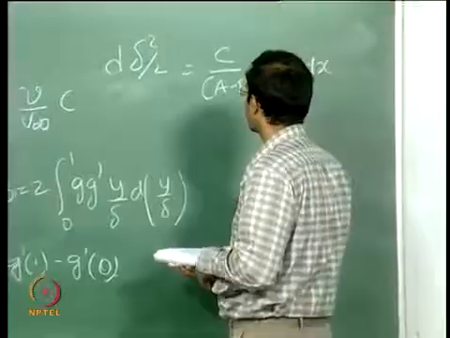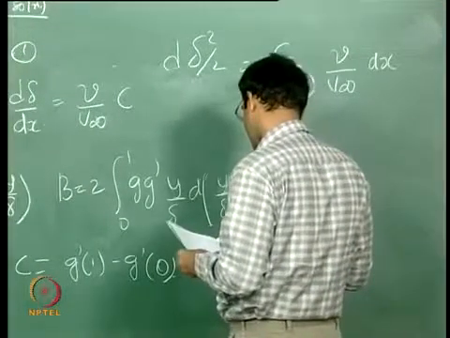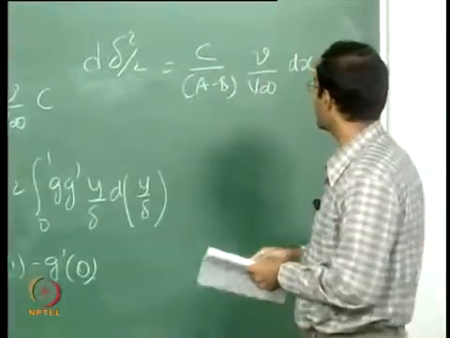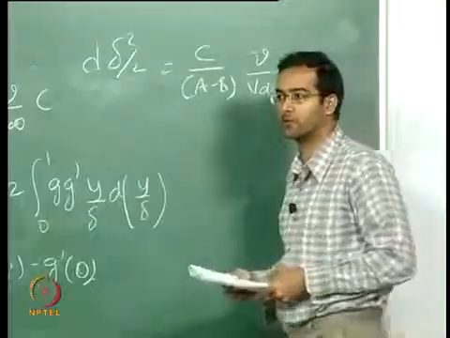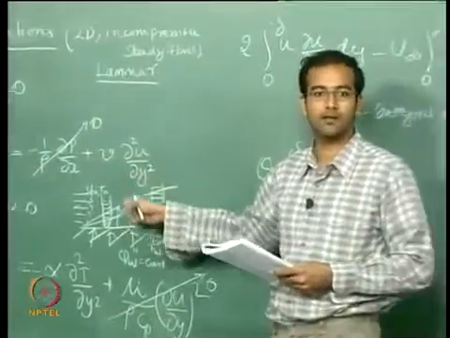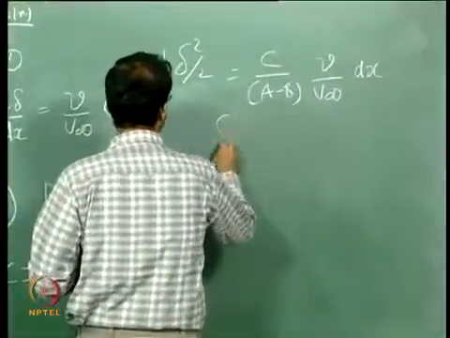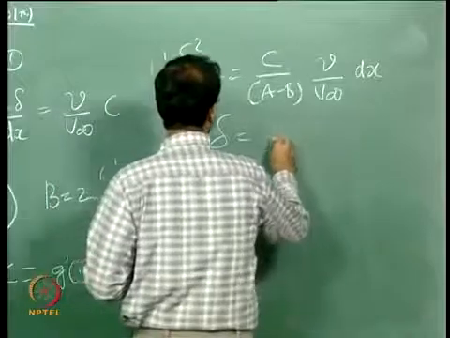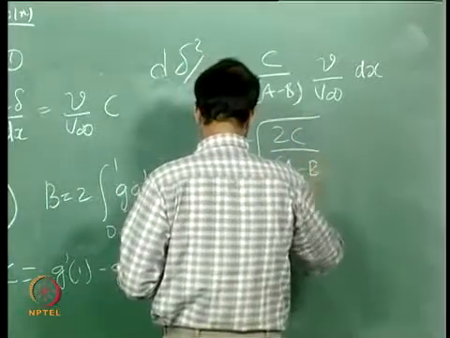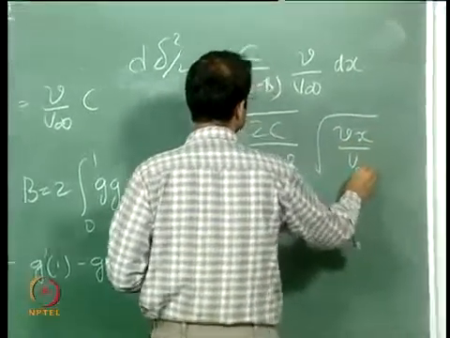Now if I integrate it from x is equal to 0 to some position x, using a dummy variable here, to the position where you are interested to calculate the boundary layer thickness, this will give my delta is equal to 2 times square root of 2c by a minus b into square root of mu x by u infinity.